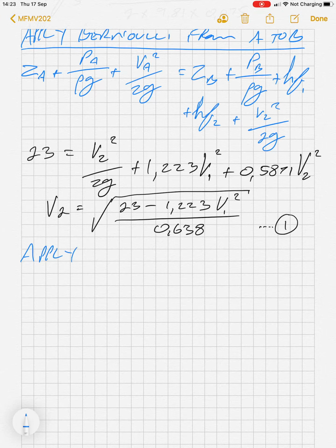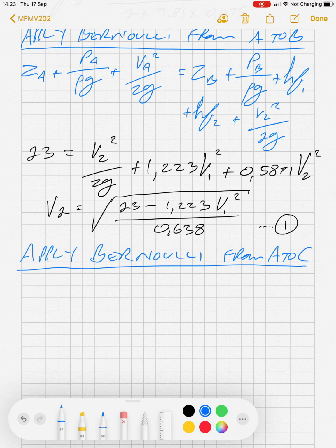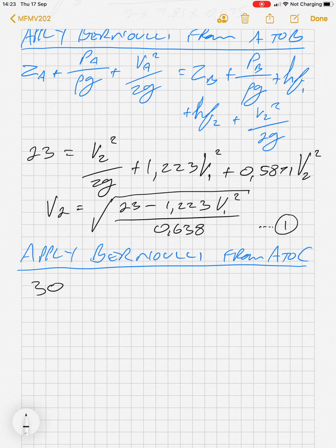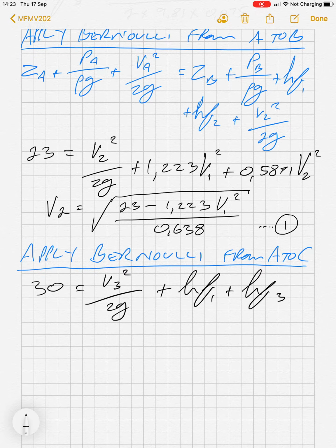Now we need to apply Bernoulli from A to C. Then we get 30, which is the height difference, equals V3 squared over 2g plus head loss due to friction in pipe 1 plus head loss due to friction in pipe 3.